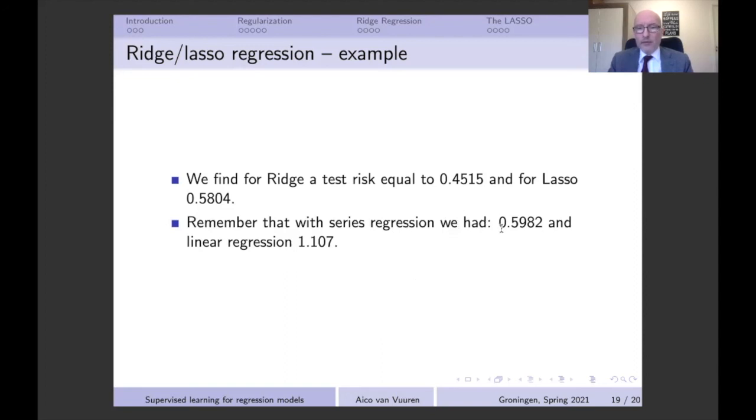Remember that series regression gave 0.59 or almost 0.60. So that's worse than both these methods that we have over here. And you should also realize that linear regression was even much worse than that. So that in that sense, we have improved quite considerably. Remember again that the lowest that we can ever get is 0.25. So we have been able to improve actually quite a lot, especially with respect to this ridge. Actually, ridge even outperforms in this case nearest neighbors, because nearest neighbors got something like 0.49.